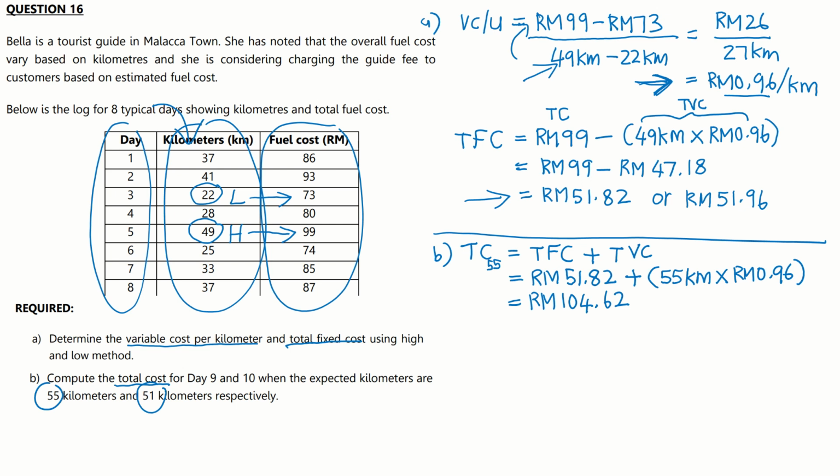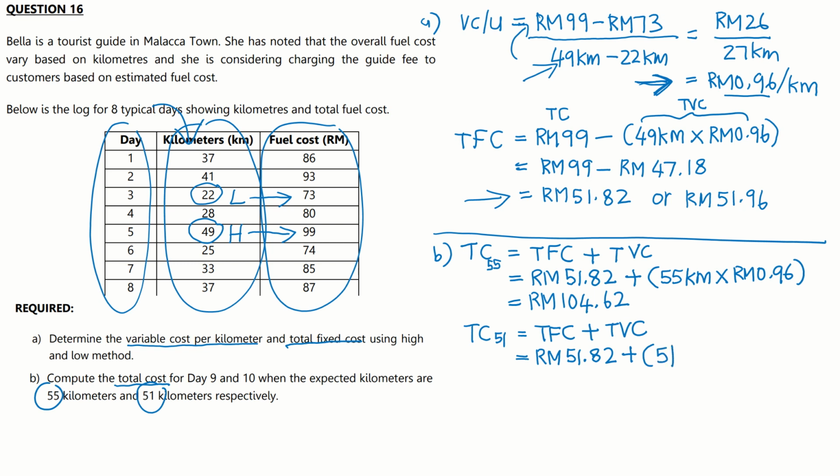What about day 10? For day 10, the expected kilometers is 51. We rewrite the formula again just to be certain. We know that total fixed cost remains constant no matter how many kilometers, but the total variable cost varies according to the kilometers in question.